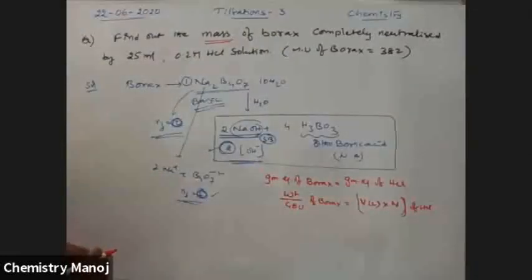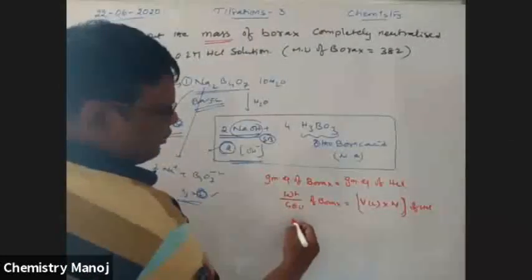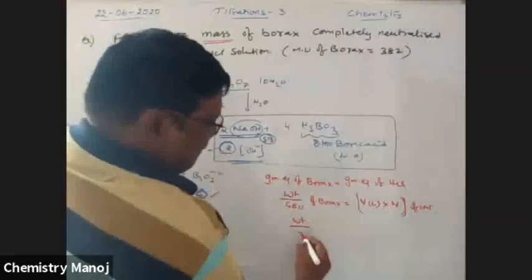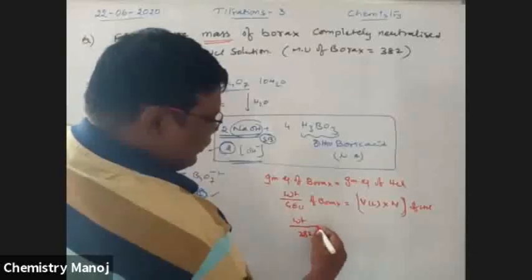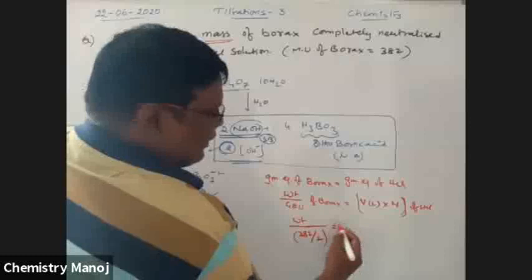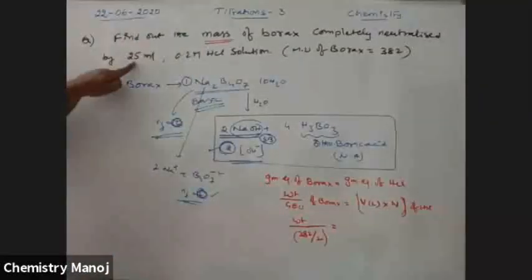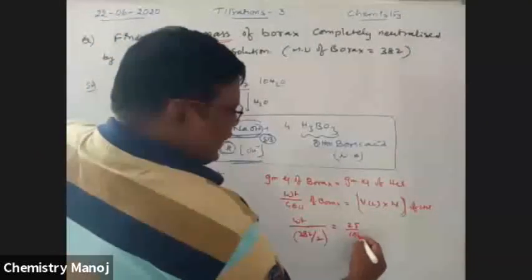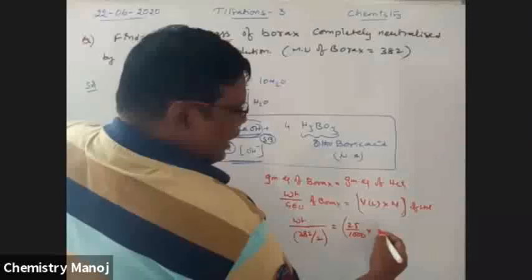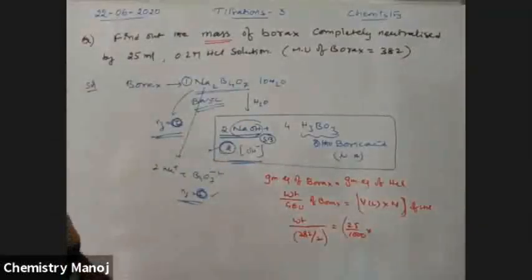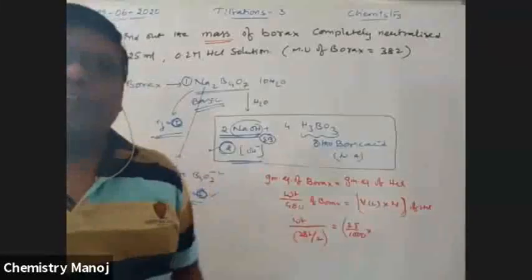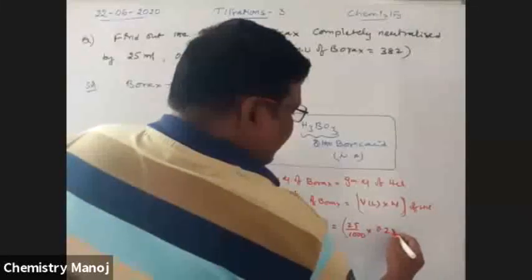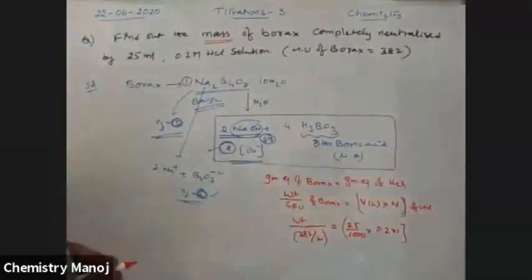Gram equivalent weight of borax is molecular weight by n factor 2. Milliliters are given, so convert to liters: 25 by 1000 liters into normality. Normality is n factor into molarity. For HCl, n factor is 1, so normality is equal to molarity, that is 0.2 into 1.